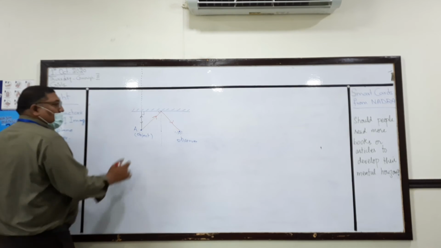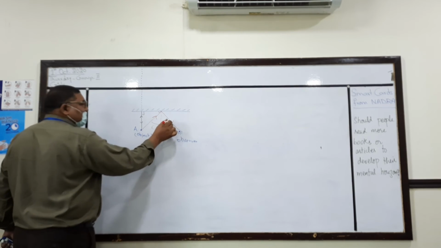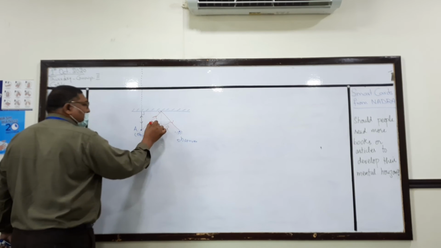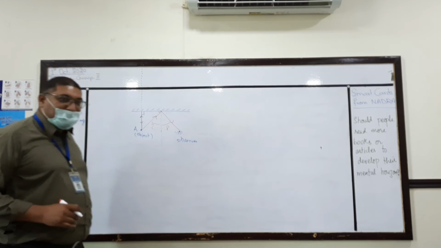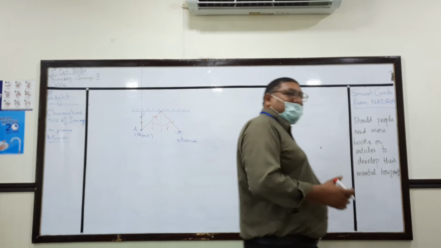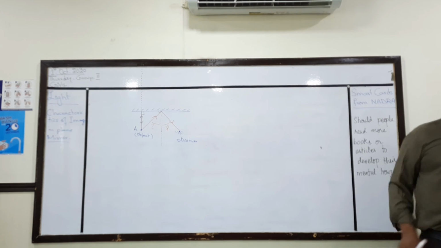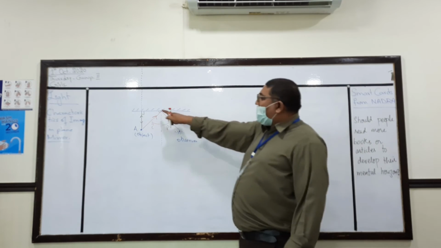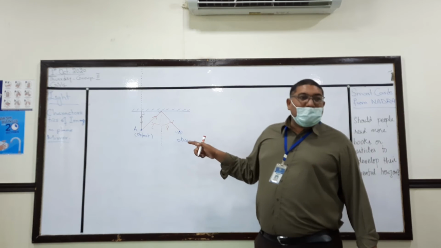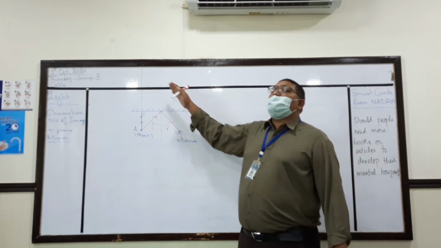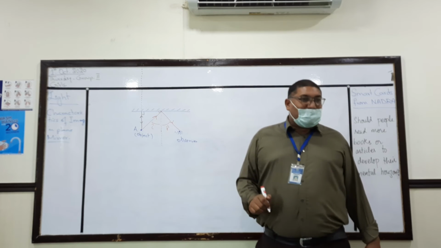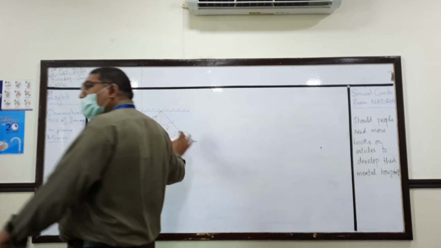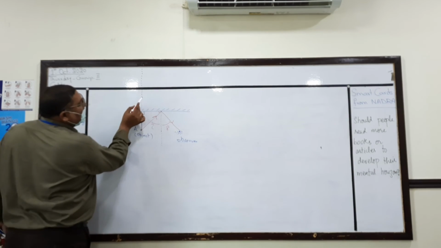Automatically, this angle of incidence and this angle of reflection will be equal if you follow this trick. Then this is your reflected ray which came into your eye. Prolong this reflected ray behind the mirror with a dotted line.